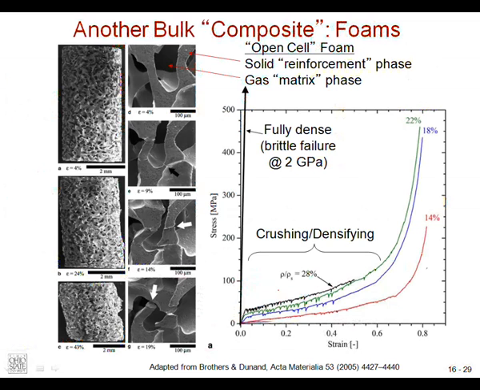So foams in general, we can make them from anything. So we think of foams as being a polymer foam. But these ones are made from the bulk metallic glass. And so the whole point of that is we get the structural components of the metallic glass, which is a very, very strong material, but we get the lightness of the foam. So foams in general, any foam, gas is like the matrix space.